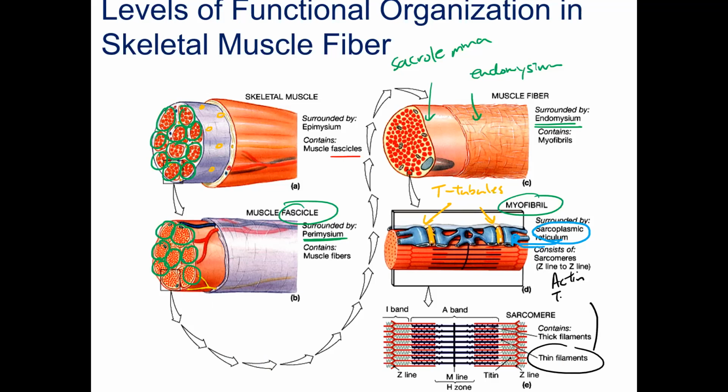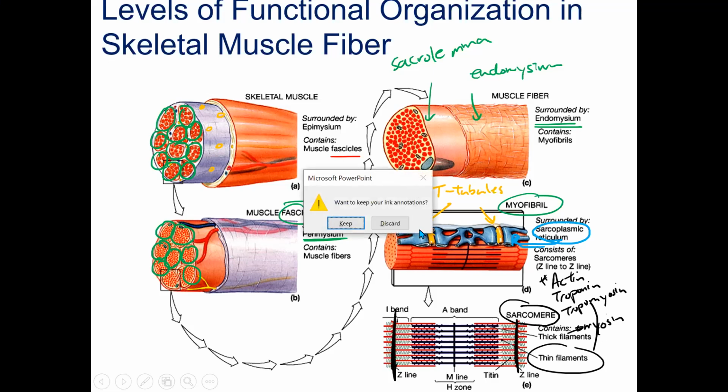Actin, troponin, and tropomyosin, whereas the thick filament is just myosin. We wrote it down already, but let's write it down again. And then this whole thing from one end to the other is going to be a sarcomere.